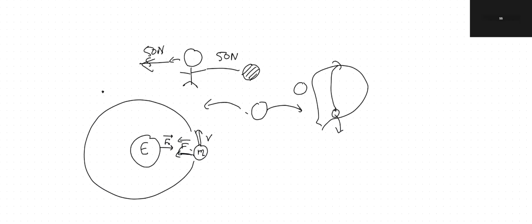So it's very important to remember on what object a given force is exerted and by what object the force is exerted. A force exerted by an object does not influence that same object. It only influences the other object on which it is exerted.